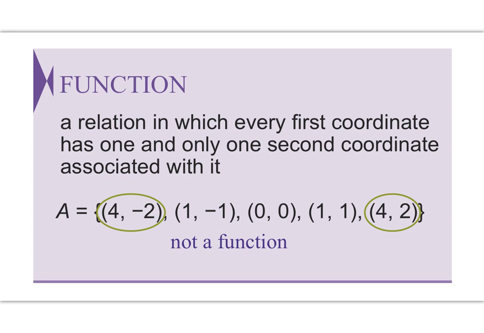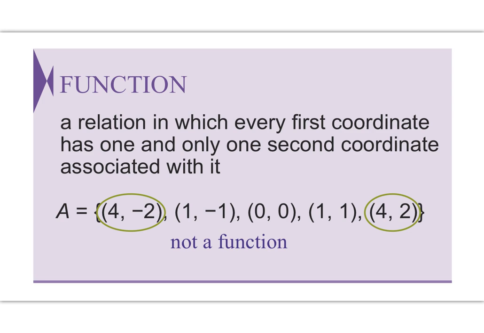So then let's talk more specifically about a type of relation called a function. This word is very specific to a type of relation where every first coordinate has one and only one second coordinate associated with it. I like to say it's a one-to-one relationship.